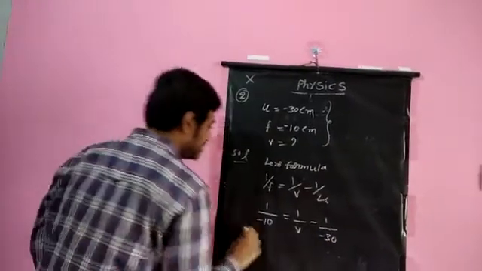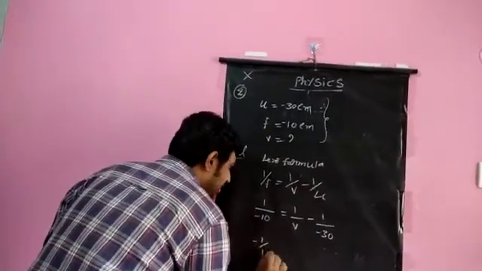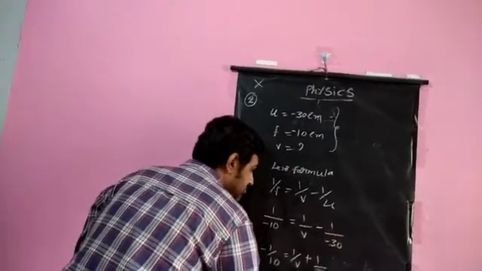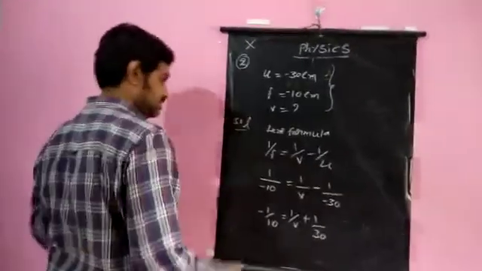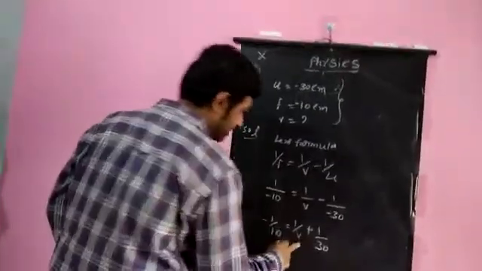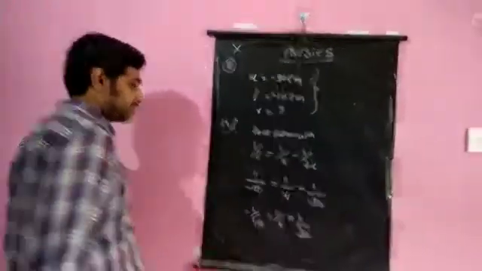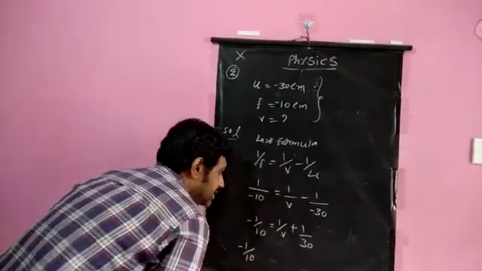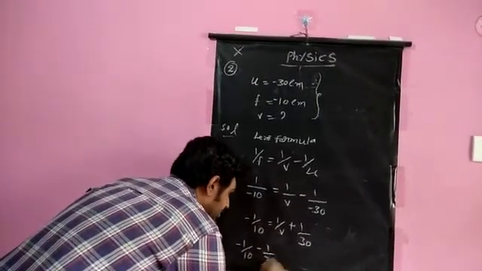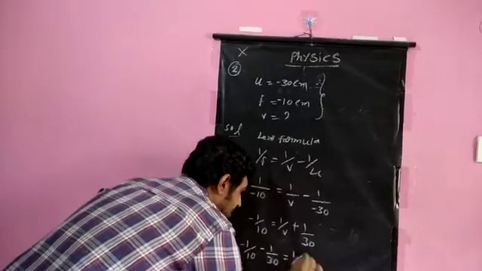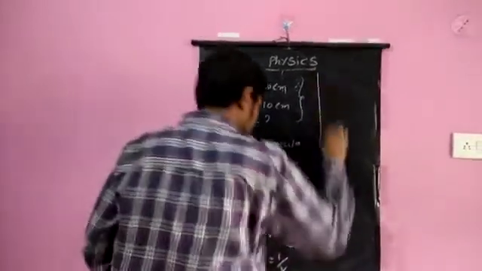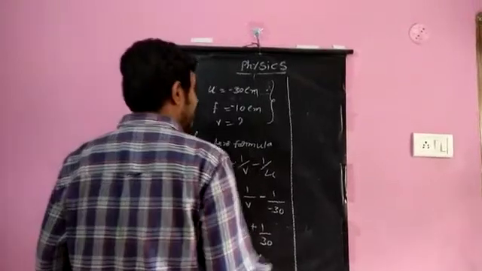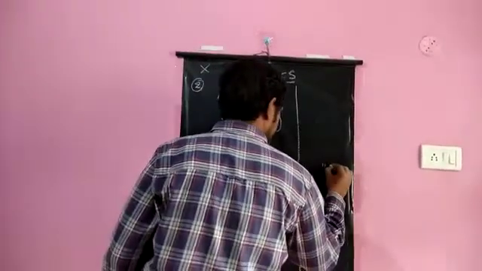On simplification, 1 by minus 10 will become minus 1 by 10, that equals 1 by v, minus into minus becomes plus, 1 by 30. Since we have to find the value of v, make this the subject. Send this 1 by 30 to the other side: minus 1 by 10 minus 1 by 30 equals 1 by v. For 10 and 30, we need to take the LCM, which is 30.